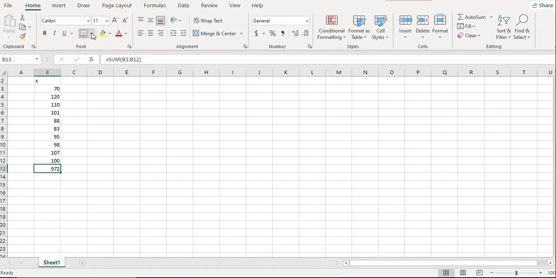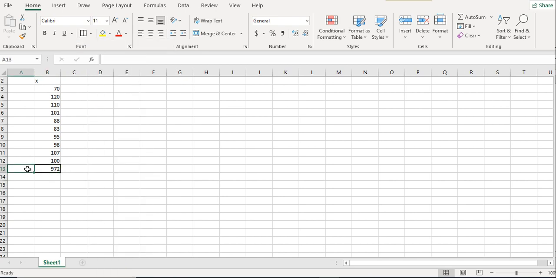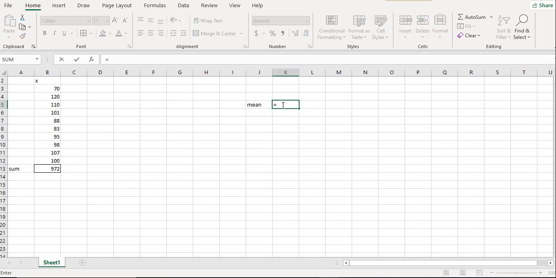This is the value of the sum. So what is the mean? The mean value is this value divided by 10. So the sample mean comes out to be 97.2.